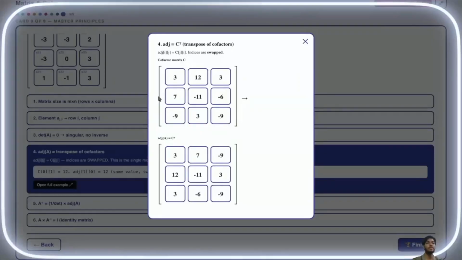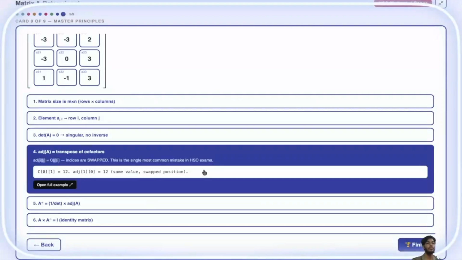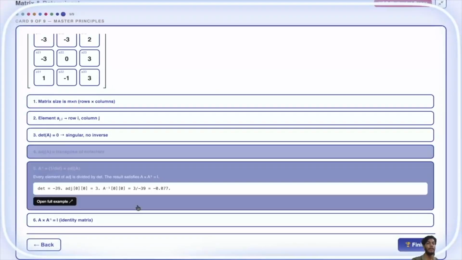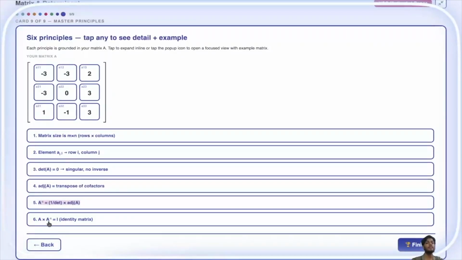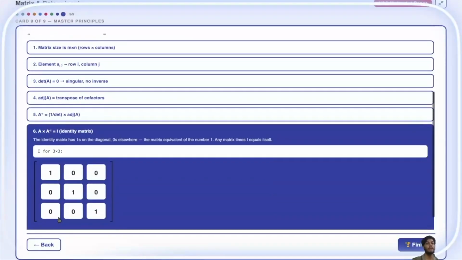This is a cofactor matrix, and if you convert each row into its column, then you're going to get the adjoint matrix. So the two matrices are not the same. Then the law for our inverse matrix: a matrix multiplied by its inverse matrix comes with an identity matrix. Here's our identity matrix.